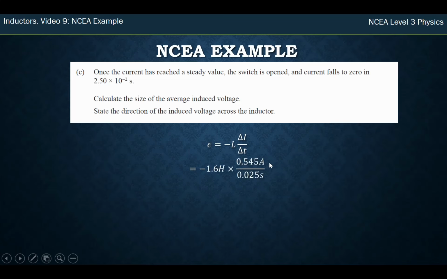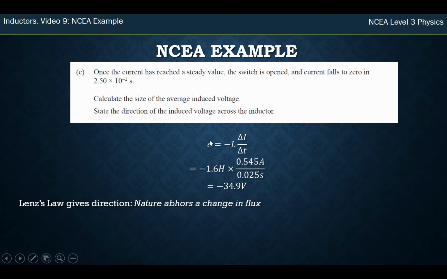I had my current, remember I calculated it in the first one, 0.5, and this is the time they gave me, 2.5 times 10 to the minus 2, times 1.6 Henrys, and that's about 34.9 volts. Now, the direction of the induced voltage doesn't really make sense. The polarity of the voltage, I guess, is what they're asking.